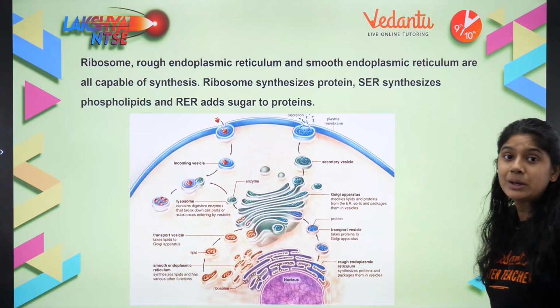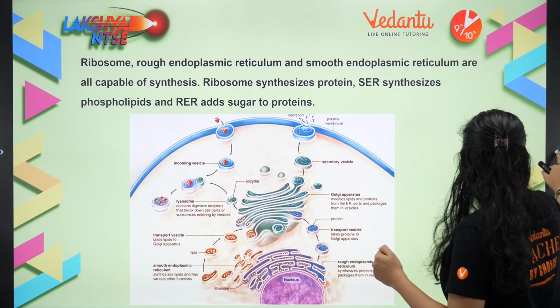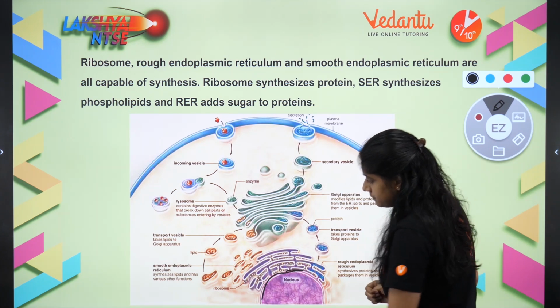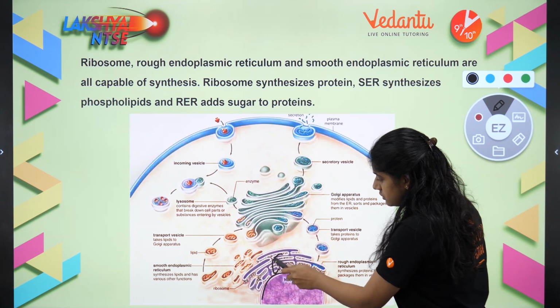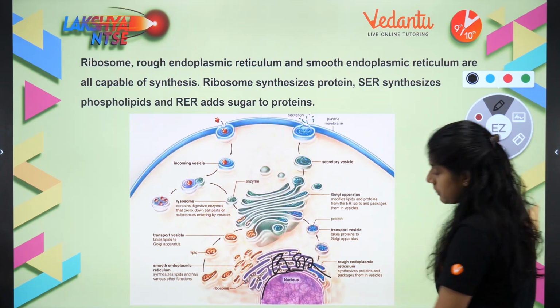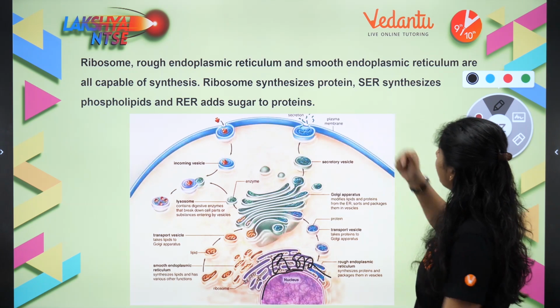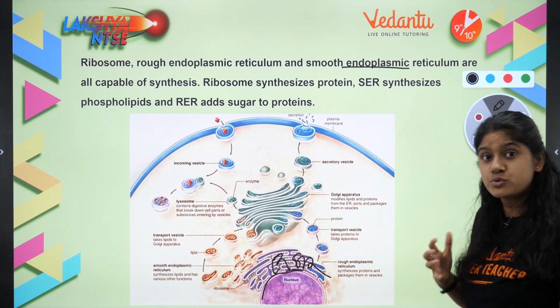The right answer will be C, which involves everything. See, we require the nuclear envelope also. We require the nucleus, the rough endoplasmic reticulum, the smooth endoplasmic reticulum, and of course we require the lysosomes also.